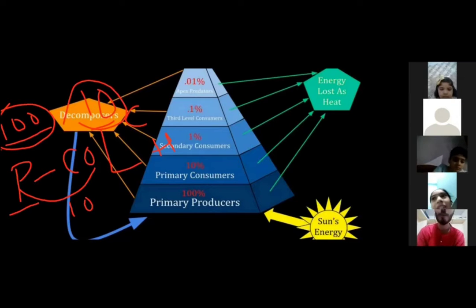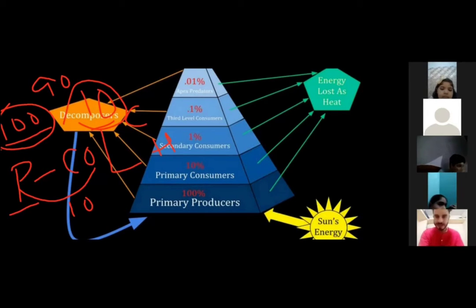The 90 points will go back into the environment. They will be lost as energy, because the animals which are eating the grass and running here and there are losing 90 points of energy. Is that clear? That means in the first trophic level we have 100 points of energy, and in the second trophic level only 10 points reached there.